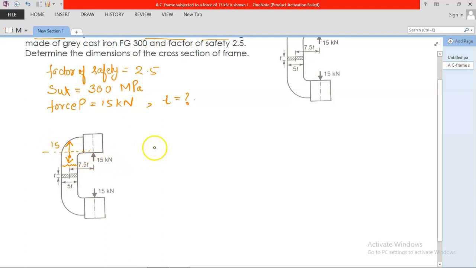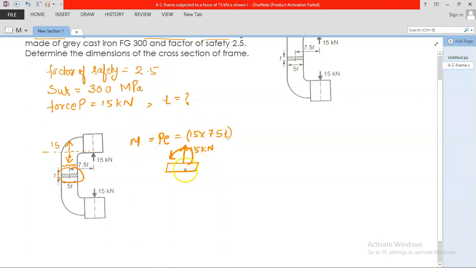Taking this area, which is under stress, there is a 15 kilonewton force in the axial direction, and a couple in this direction, that is P into e, which is 15 kilonewton into 7.5 t. That is the couple, that is the moment.